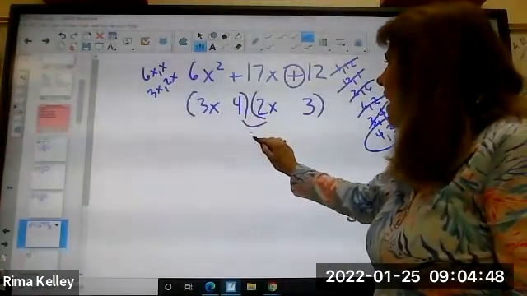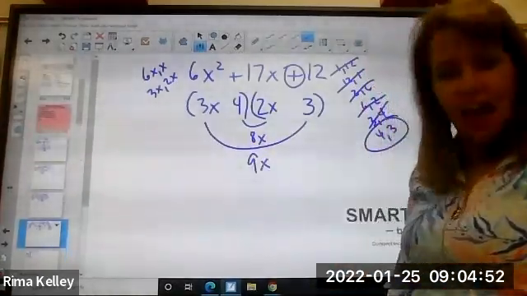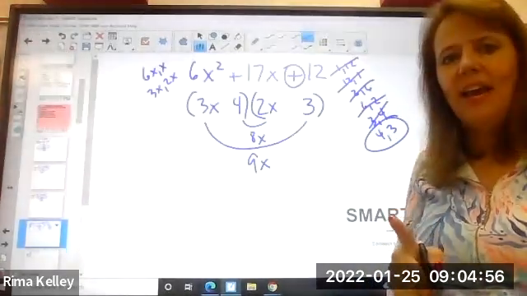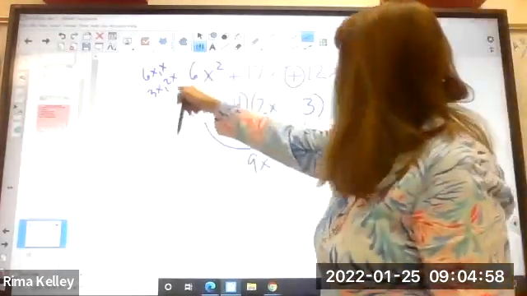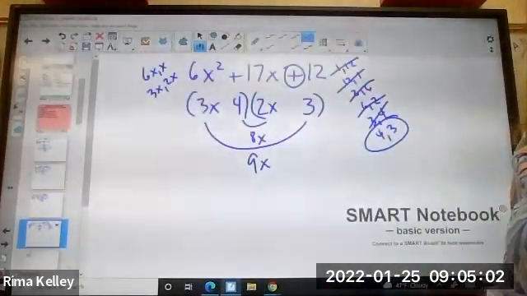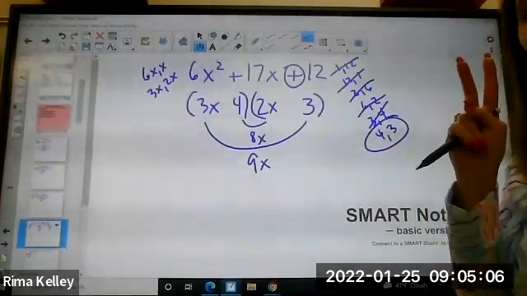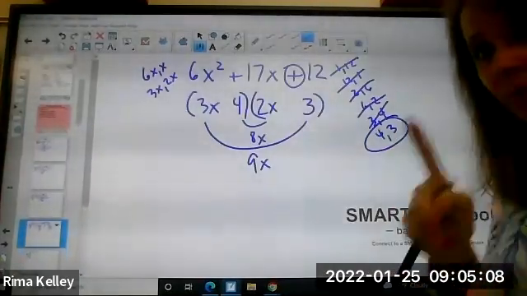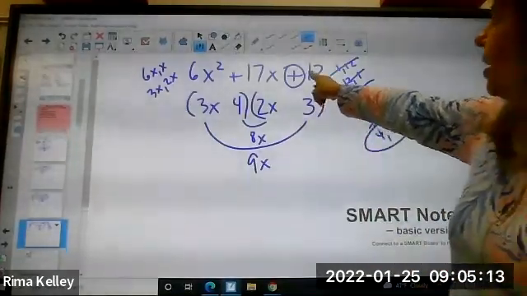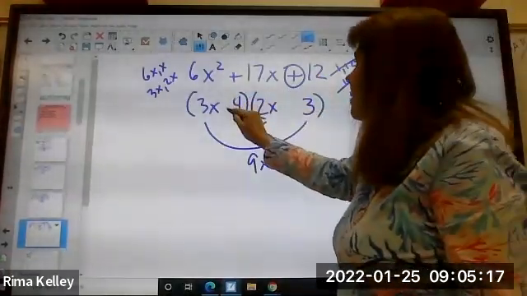This gives me 8x, and this gives me 9x, and they add up to 17. So we got it on the first try, even though there were 2 times 6, 12 possibilities. But if you just learn those 2 little rules, then you can get it down sometimes to even only 1 possibility. So it worked. Signs are the same, and they're both plus.